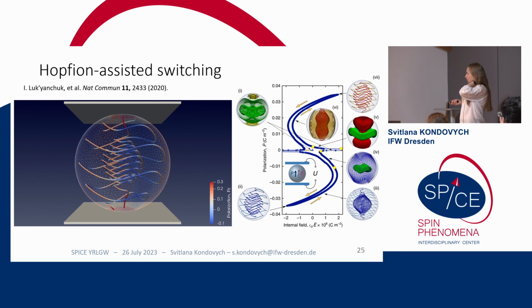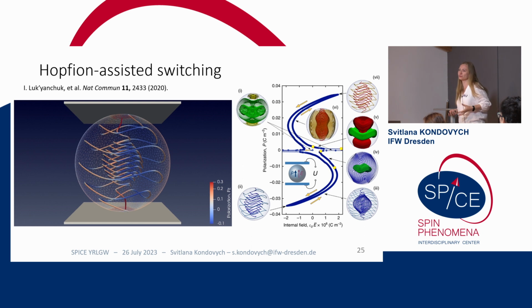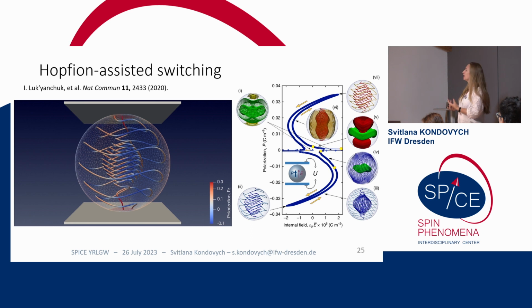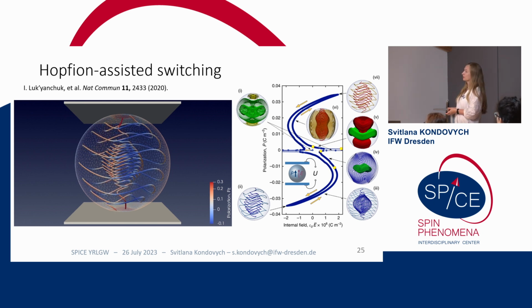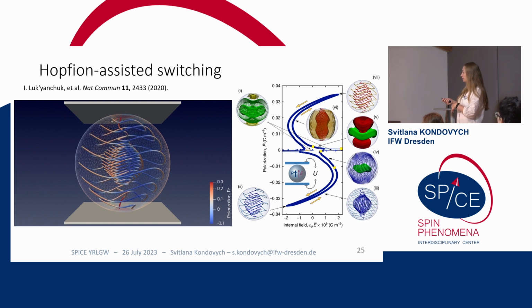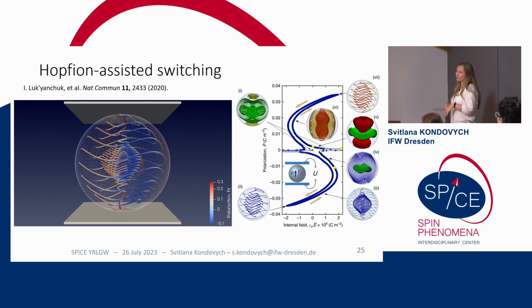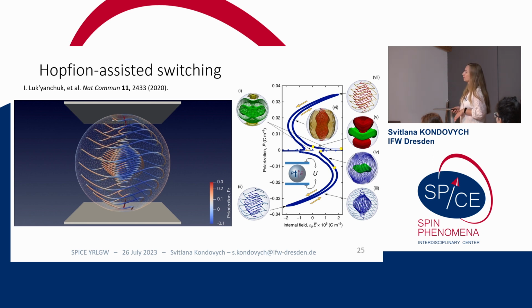What was also done, similarly to Skyrmions in the two-dimensional case, is that it was shown that the chirality of the Hopfion can be switched by the application of an external electric field. In fact, the Hopfion exists even when the electric field is off, but you can destroy it by application of an electric field, and then by applying a field in the opposite direction, create the Hopfion of the opposite chirality.